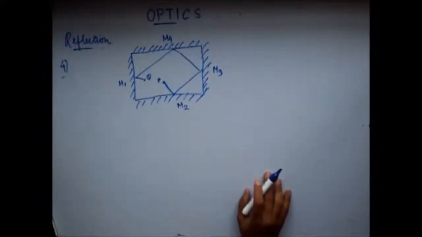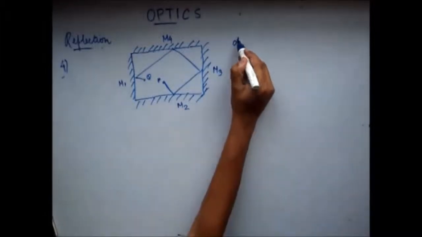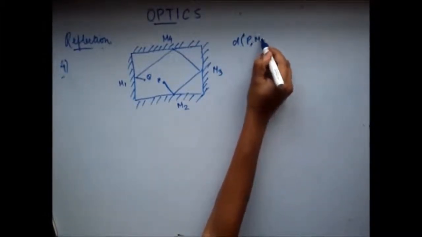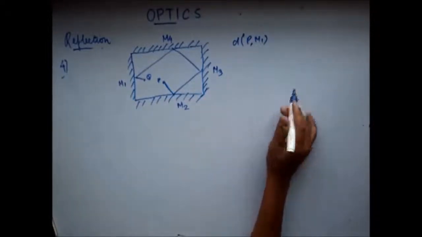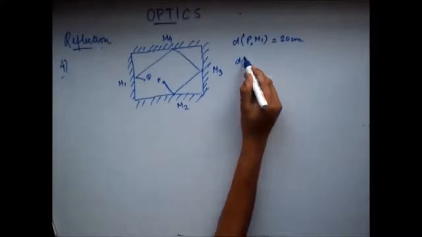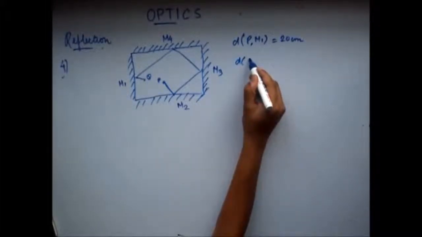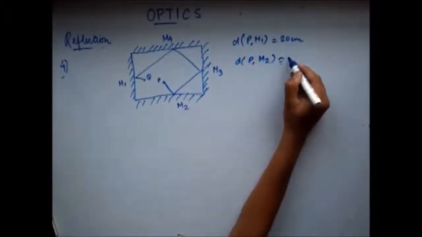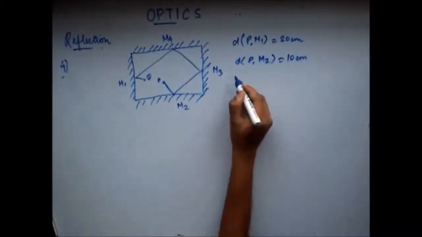Now some of the distances are given like this. Distance of the point P from M1 is 20 centimeter. Distance of point P from M2 is 10 centimeter.